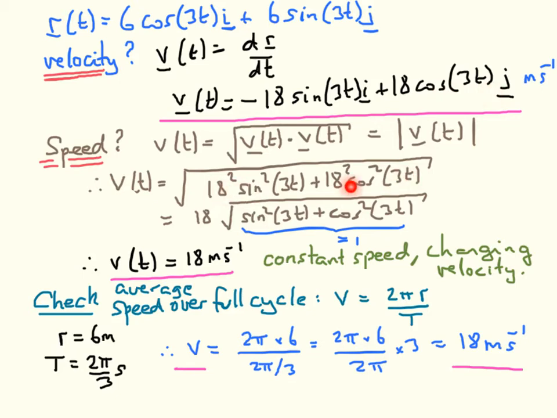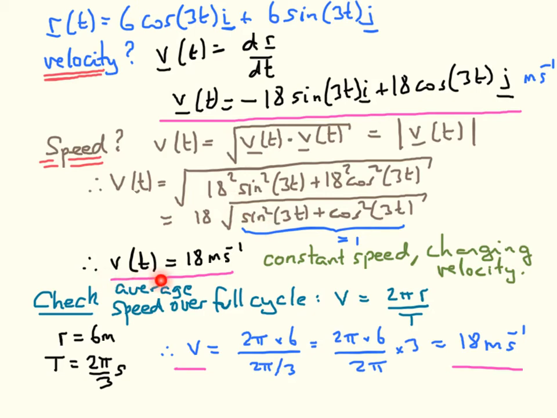So 18 squared is a common factor, we could pull it out in front, and then we're going to have the square root of 18 squared times sine squared plus cos squared. So the square root of the 18 squared is 18, and the square root of sine squared plus cos squared, well, sine squared plus cos squared is 1, so we've got the square root of 1, and that is of course just 1.